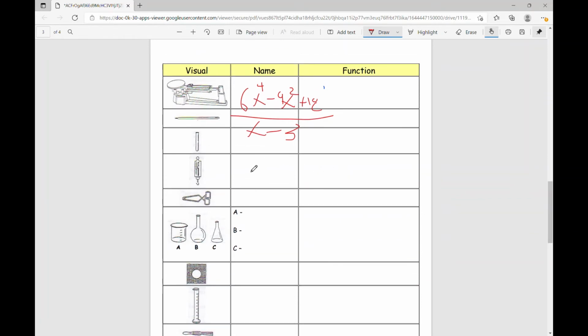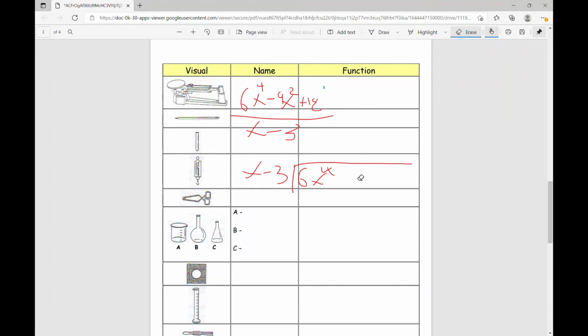So we're going to put x minus 3 outside because it is the divisor. The divisor goes outside, the dividend will go inside. 6x to the fourth minus 9x. Now, watch carefully. Notice that we have 6x to the fourth here. In a polynomial, you must have degree terms from the highest to the lowest.